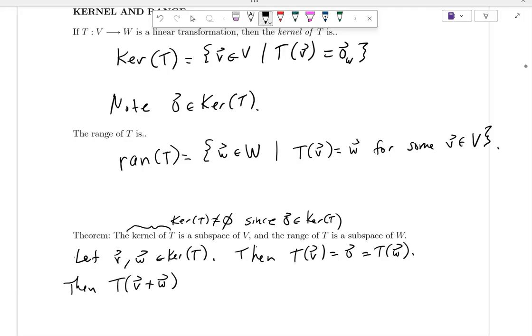Good, yeah, the transformation of it gives me 0 out, right? So if I take the transformation of the sum, what can I do with that? Break it up, good. What do each of those equal? 0, because both of those vectors are in the kernel, and then the 0 vector plus itself is the 0 vector. So the sum of the 2 vectors is back in the kernel.